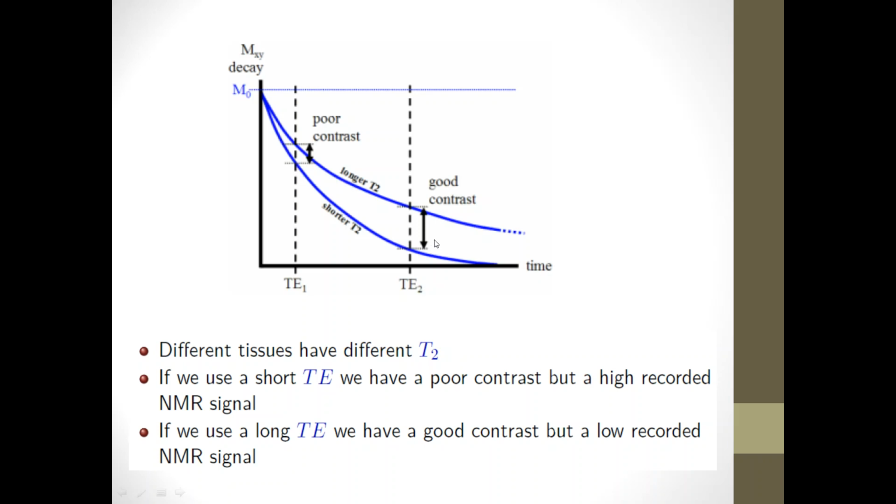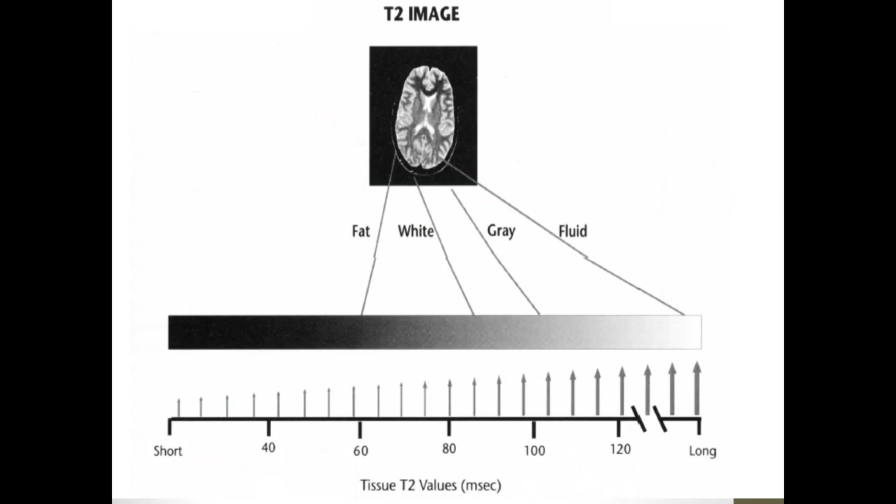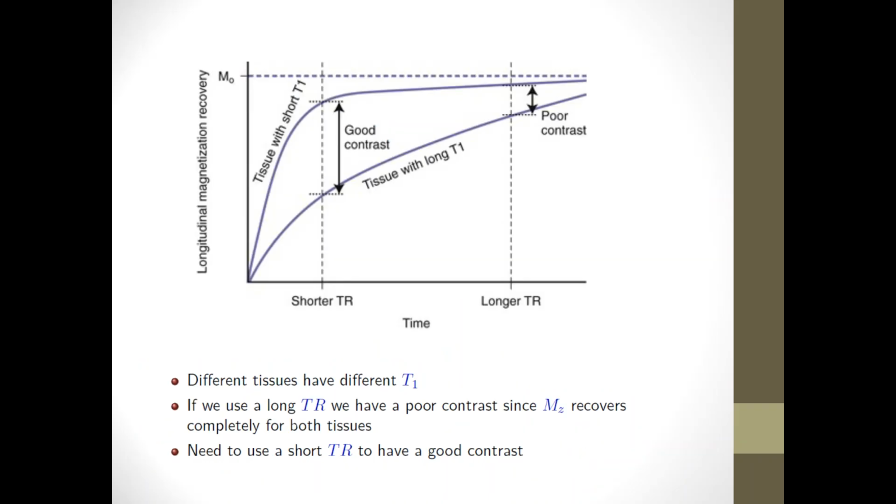It's a very important parameter which is responsible for the contrast. The image contrast in a T2 weighted image is TE, while in a T1 weighted image, the parameter responsible for the image contrast is TR.